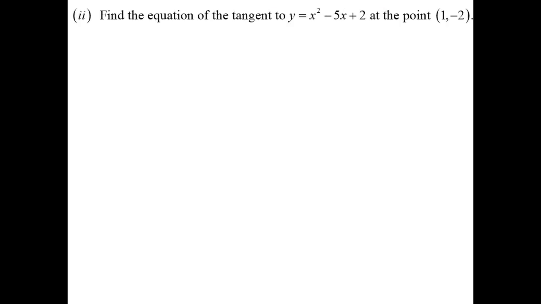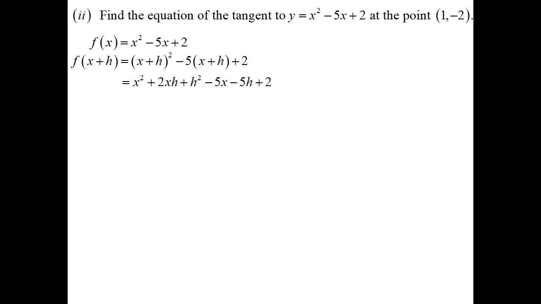Well, let's apply it to this one, a parabola. So y equals x squared minus 5x plus 2. We want to find the equation of the tangent. Well, in order to do that, we need a point and a slope. We've been given the point. Now we want to find the slope. Slope of the tangent is the derivative. So function x plus h. Let's expand all that out.